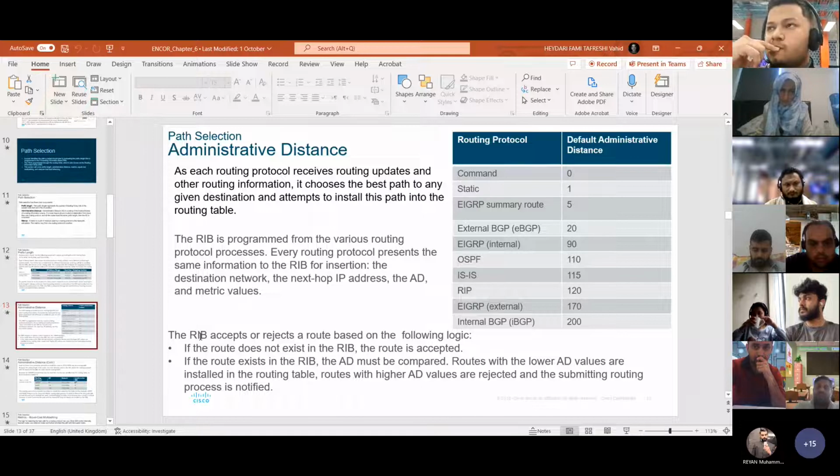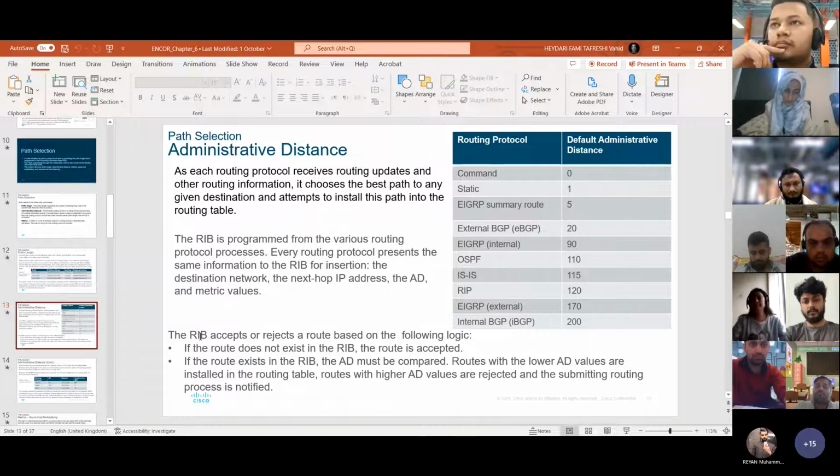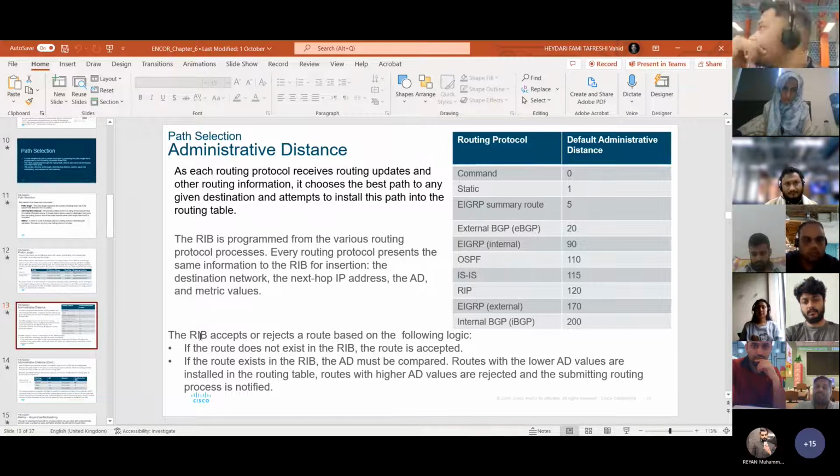If the route that the routing update is telling us about already exists inside our routing information base, therefore we have some information about that remote network, we now compare administrative distance. If we have a lower administrative distance for this advertised route, then we're going to install it because we have a better path to get to that remote network.